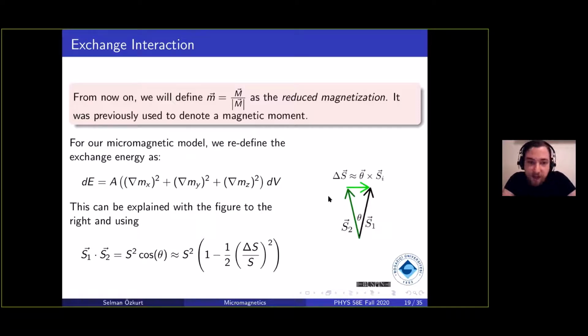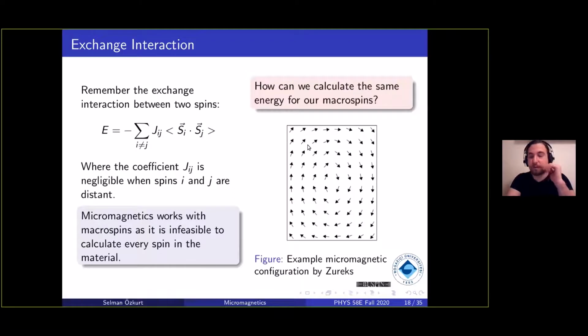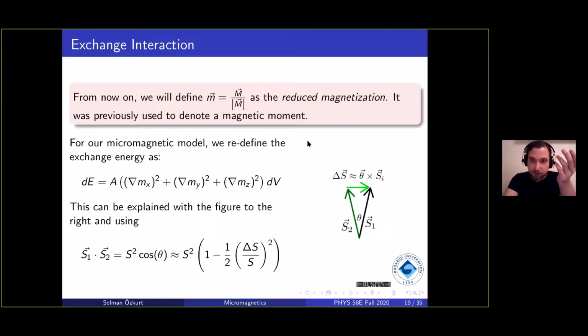In a simple sense, actually these are wave functions, of course, we take S1 dot product S2, which is, of course, their magnitudes times cosine theta. And cosine theta can be thought of this way, because neighboring spins in a ferromagnet are all parallel to each other. And even these domains, by domains I mean macrospins, are almost parallel to each other.